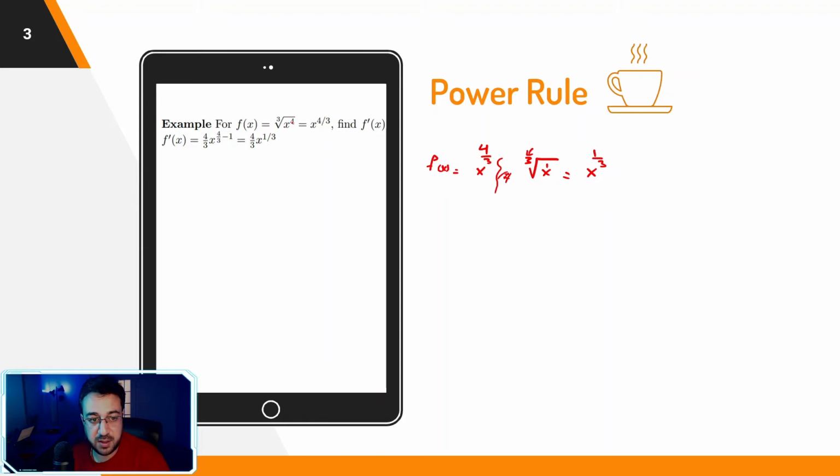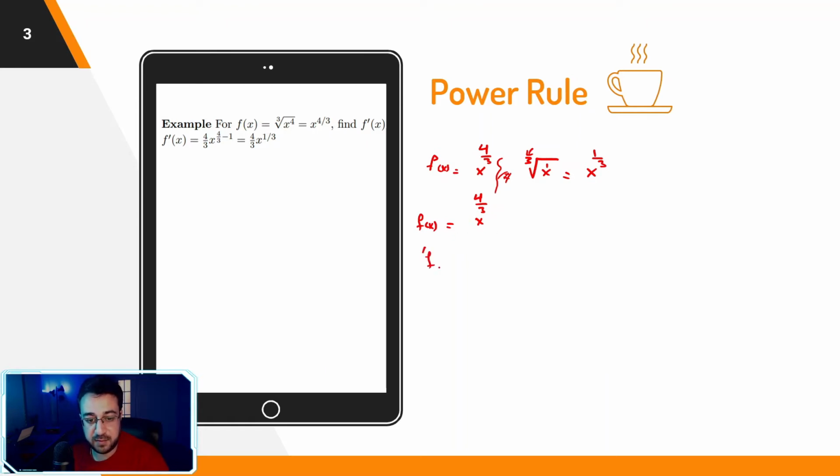So x to the power of 4 over 3 is the same representation as the cubic root of x to the power of 4. So it is clear now that you have a power problem.